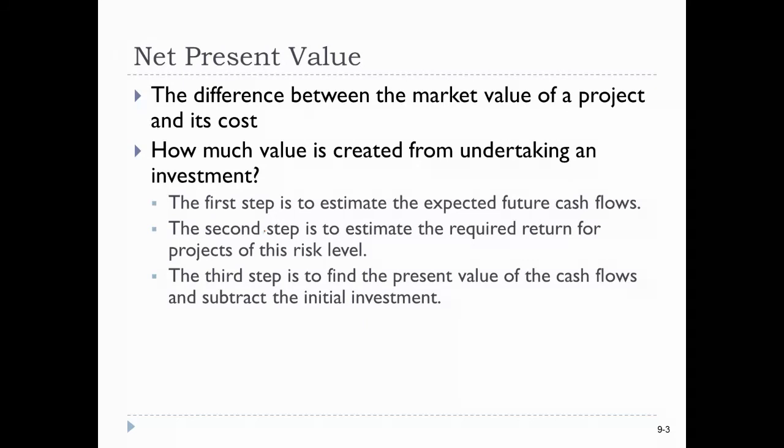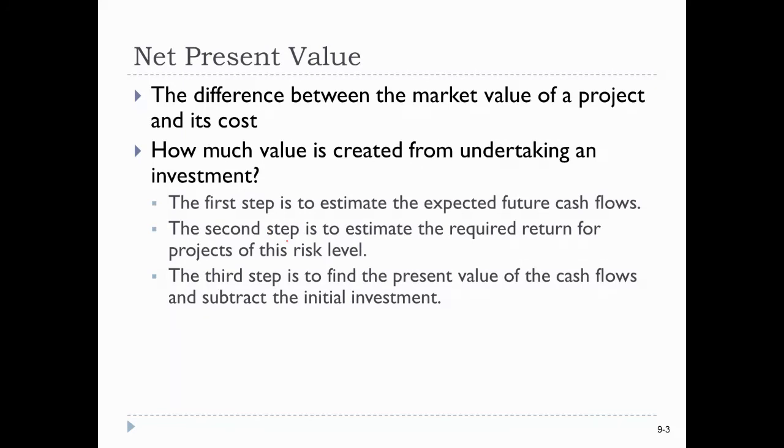I've introduced this concept of net present value in previous chapters. We saw it as far back as Chapter 6, where we were dealing with uneven cash flows. I think we saw it again in the context of Chapter 8, where we were talking about stock valuation with irregular dividends, non-constant growth in dividends.